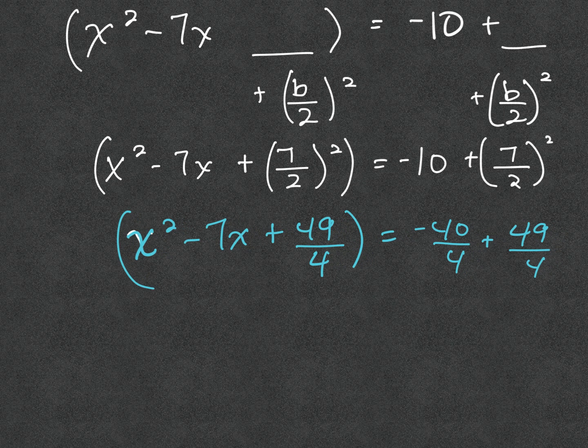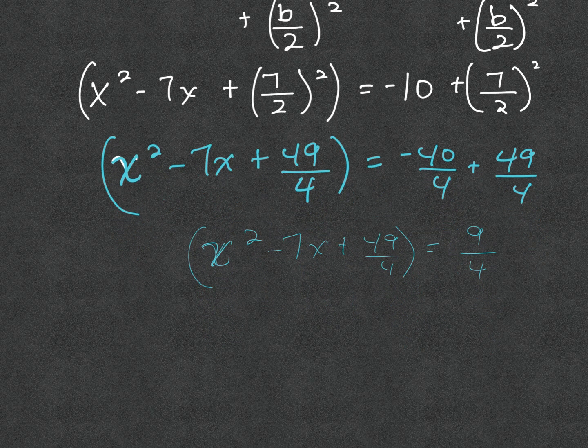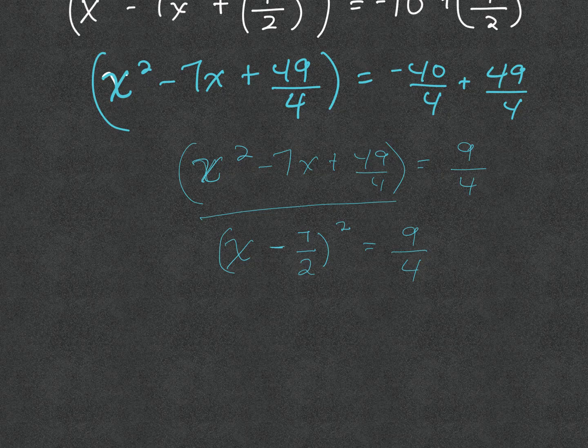So when we do that, we get x squared, the pen is a little bit thin, plus 49 divided by 4 equal to 9 divided by 4. I'm starting to like this because I can see I can square root this. So what are we going to do here? We're going to get x minus 7 over 2, in parentheses, squared, equal to 9 over 4 still.